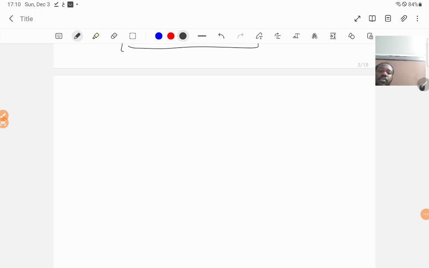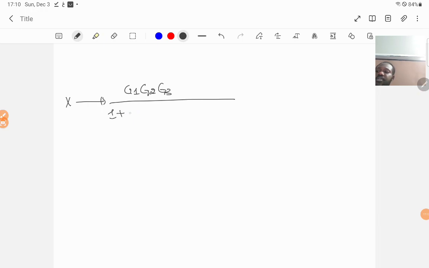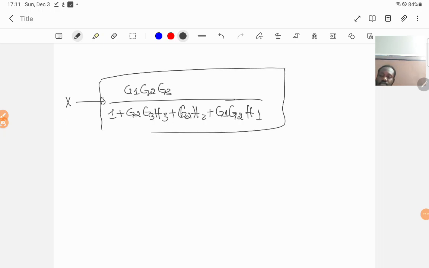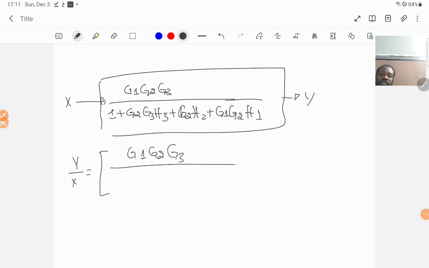So by involving the g3, we'll have a final answer that will be g1 g2 g3 over 1 plus g2 g3 h3 plus g2 h2 plus g1 g2 h1. And y over x will be this answer.